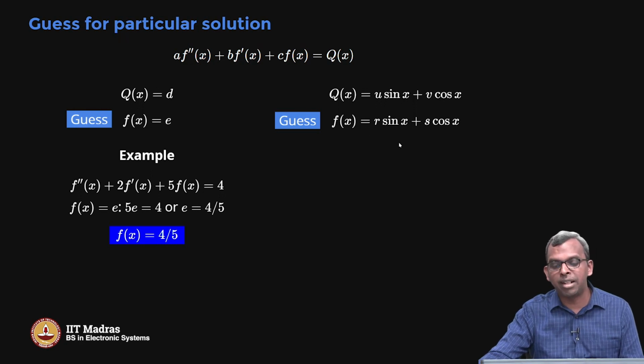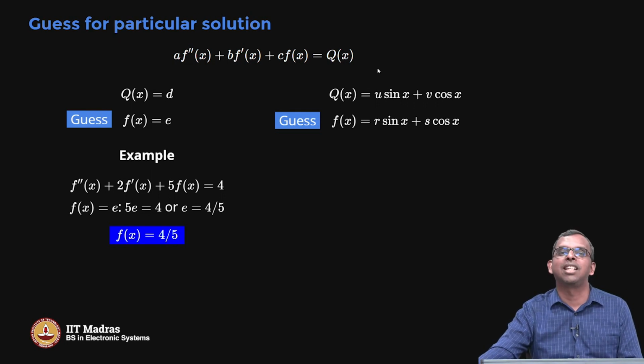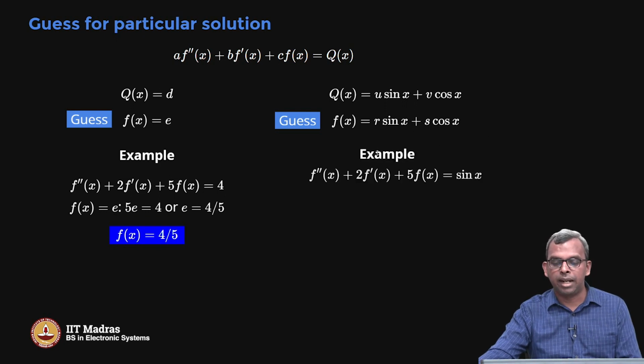If you do one more derivative, you will get another linear combination. So linear combinations of sin x and cos x remain the same under derivative. So if I want a particular linear combination of sin x and cos x here, I can simply guess another linear combination here and I should get one at the end. Notice how these properties of these functions help you in designing particular solutions for these kinds of differential equations.